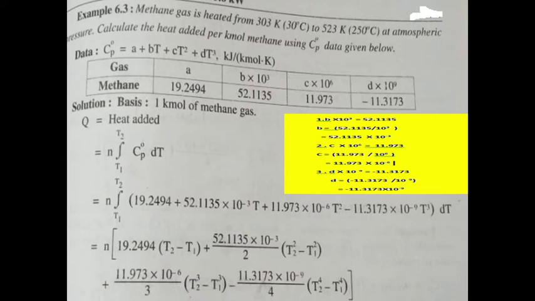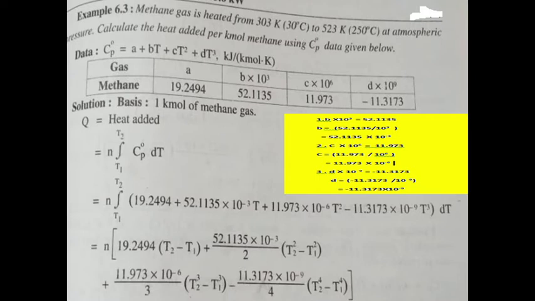Cp0 is equal to 19.2494 plus 52.1135 into 10 to the power of minus 3 T, plus 11.973 into 10 to the power of minus 6 T square, minus 11.3173 into 10 to the power of minus 9 T cube.